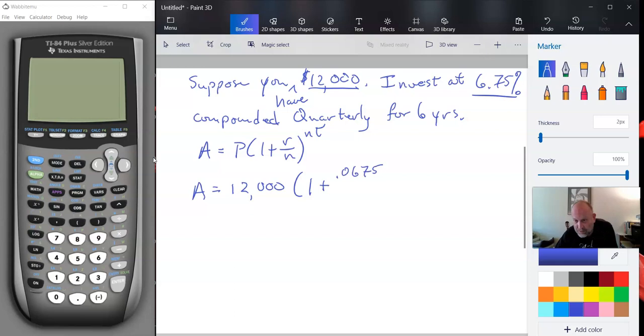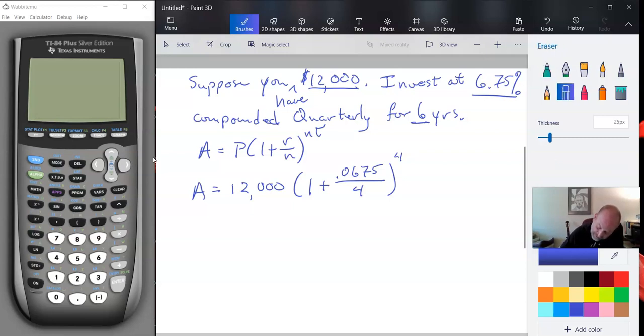You always move the decimal 2 places. Over the number of times it's compounded, and it's quarterly, so that means it's compounded 4 times per year, raised to the NT. So this is 4 times T, right? So N is there, and we just found out that T is 6, so we can plug that in too.